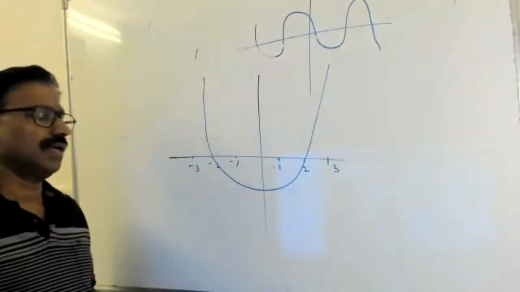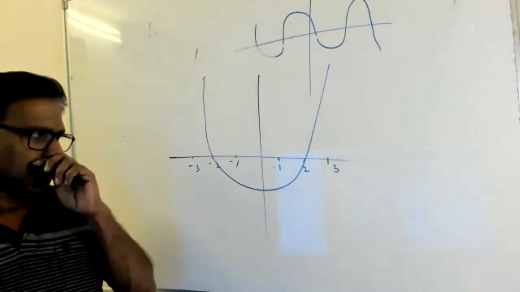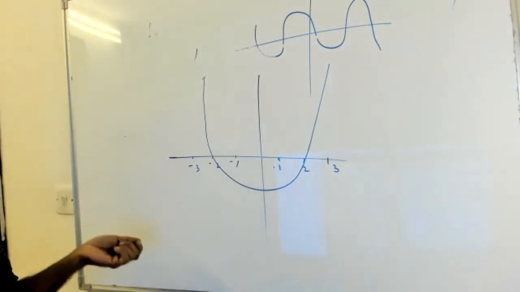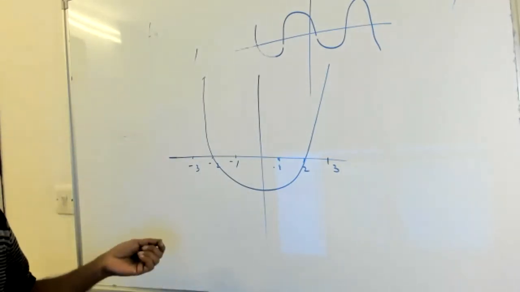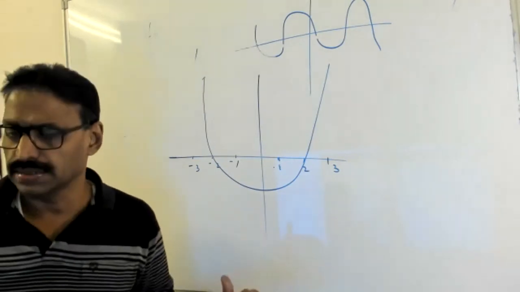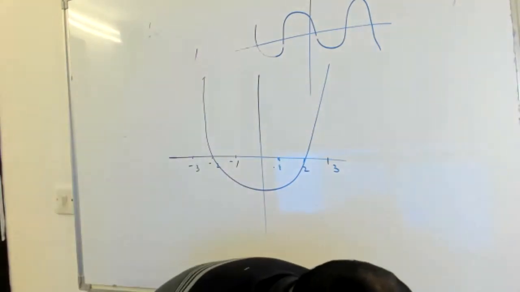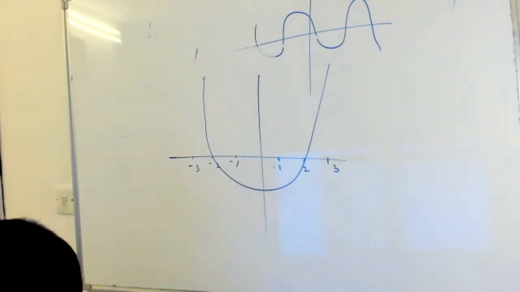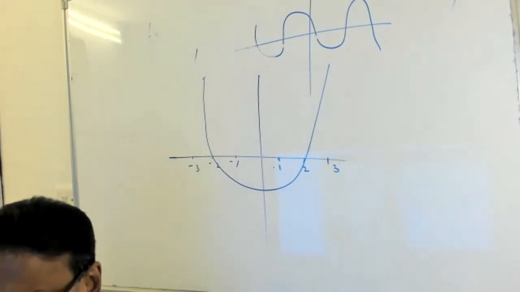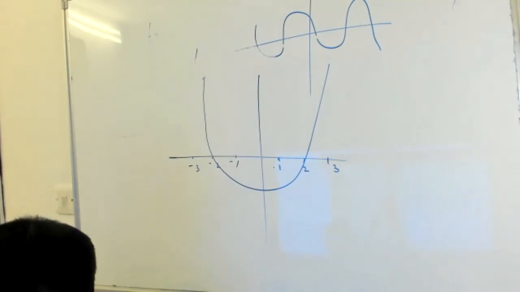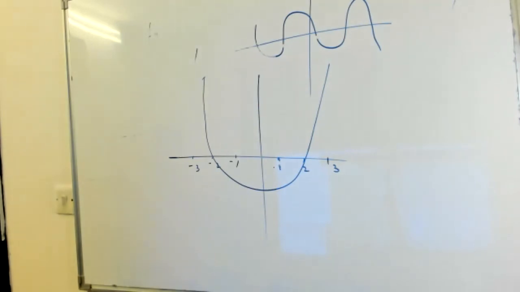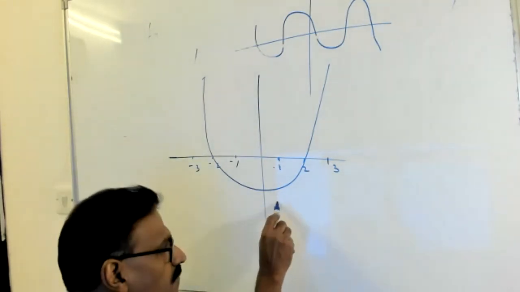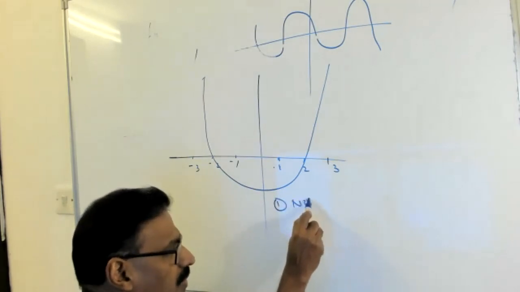Okay, tell me. How many zeros here? So there are 2 zeros. The zeros are 2 and -2. Everyone draw the figure like this. Then the question number 1: number of zeros.